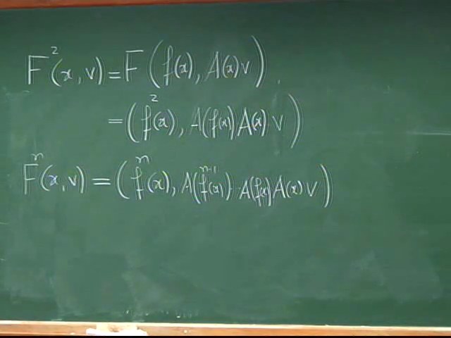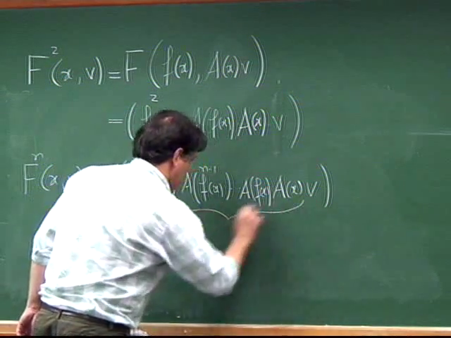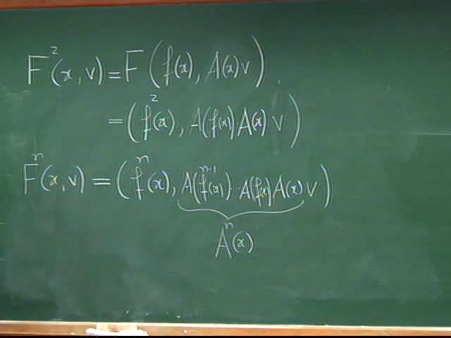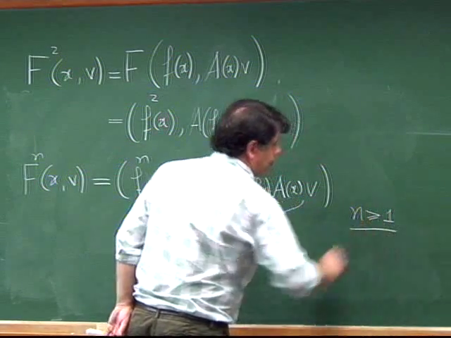And to simplify the notation, we just call this A^n of x. So we have this formula for all n positive.